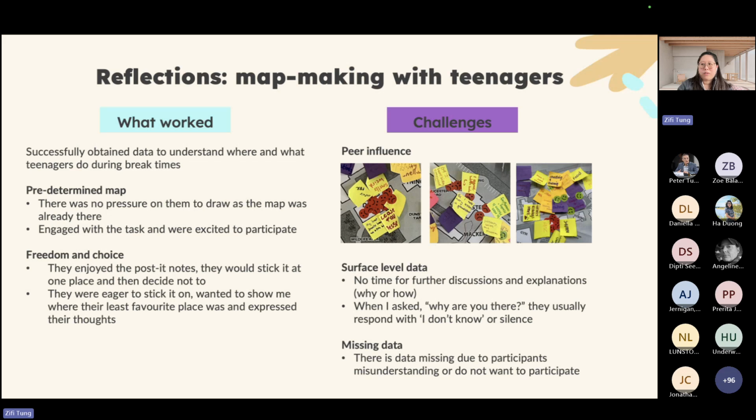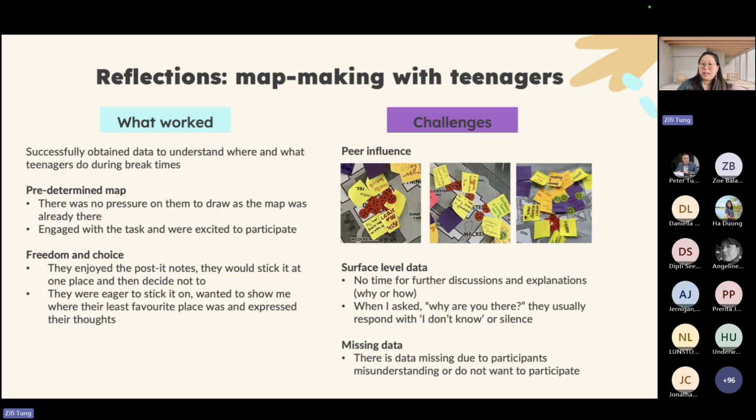It's really hard for them to grasp how to draw their school or a particular place in such a short time. So I decided to use a predetermined map, and they were able to engage with the task and they were excited to participate. The post-it notes and stickers were a win.